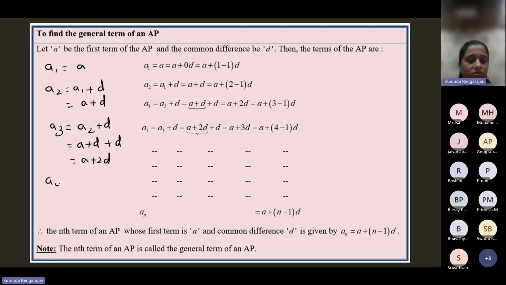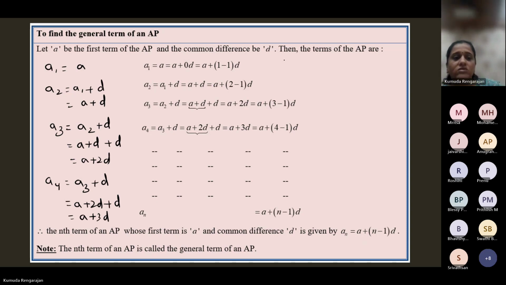The fourth term is the third term plus the common difference: A plus 2D plus D, which is A plus 3D. So A1 is A, A2 is A plus D, A3 is A plus 2D, and A4 is A plus 3D.